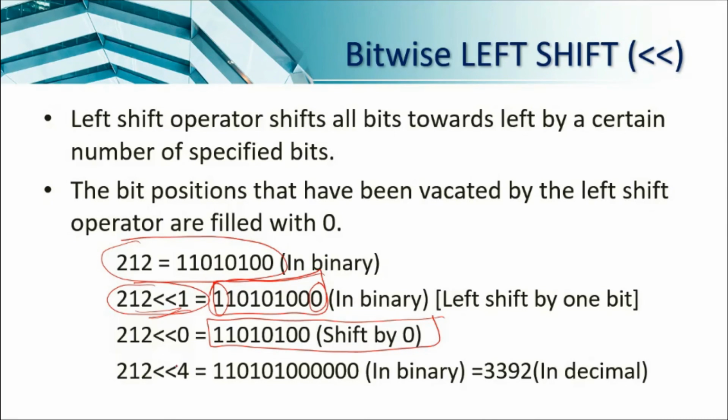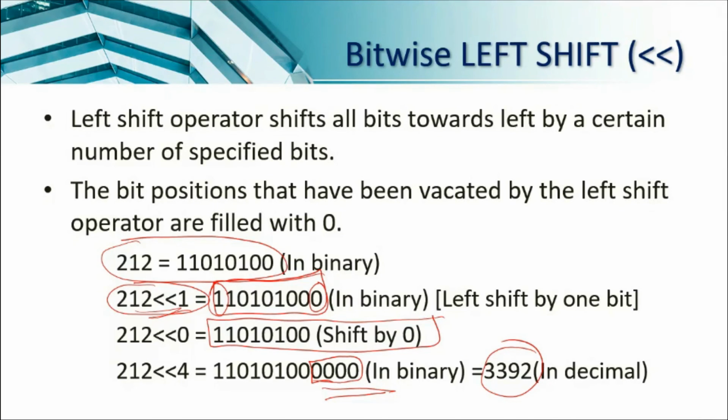But for 212 left shift 4, we have to insert 4 zeros towards the right. That is in binary, and if we convert this value into decimal, it will be 3392, a very large value.